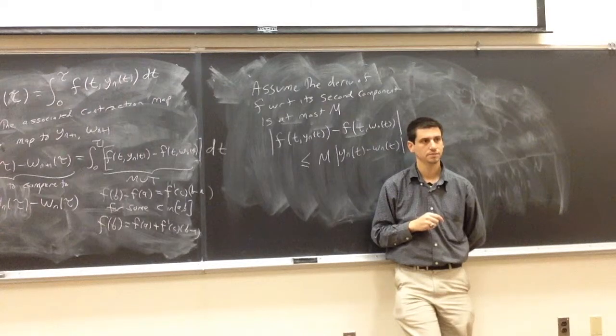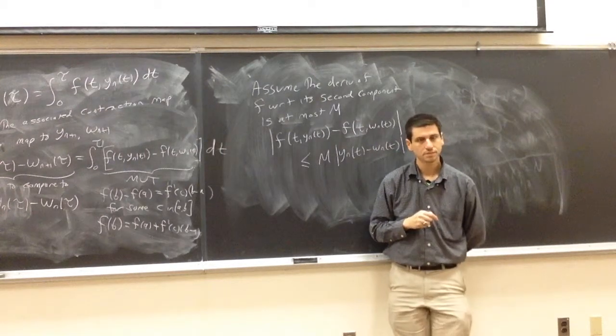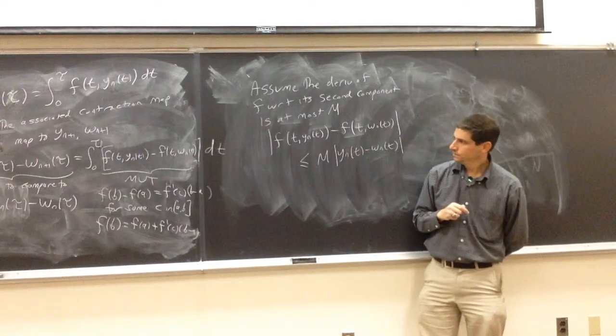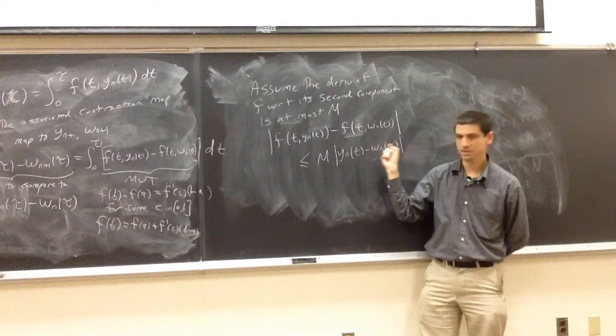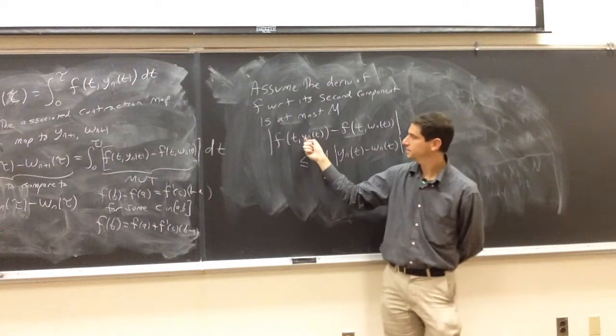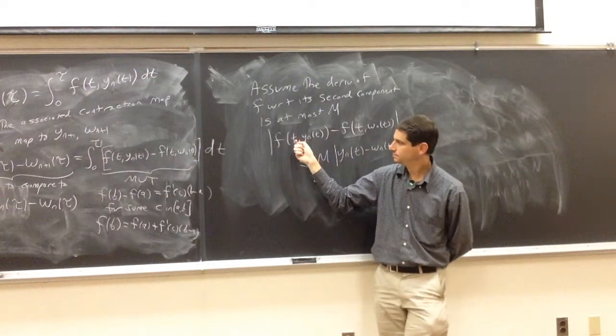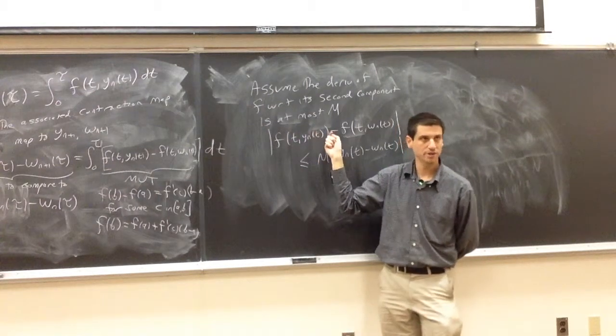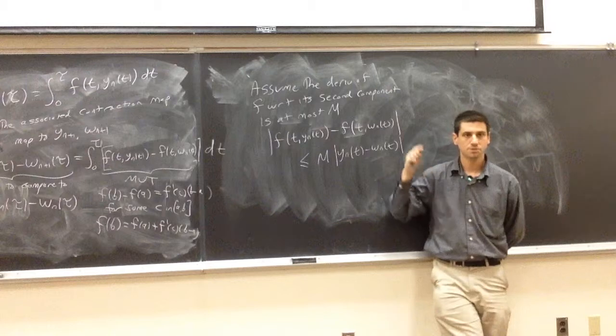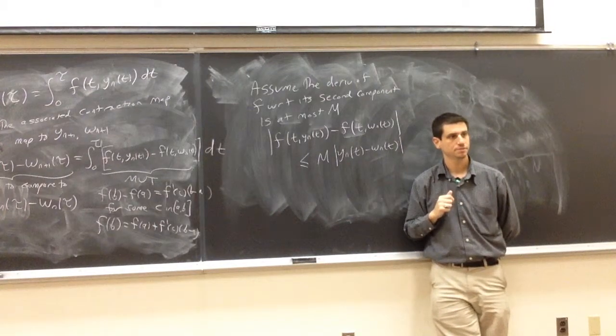Right? Any questions about this? I'm just using the fact that the derivative with respect to the second component is bounded, and now I can use the mean value theorem from calculus.